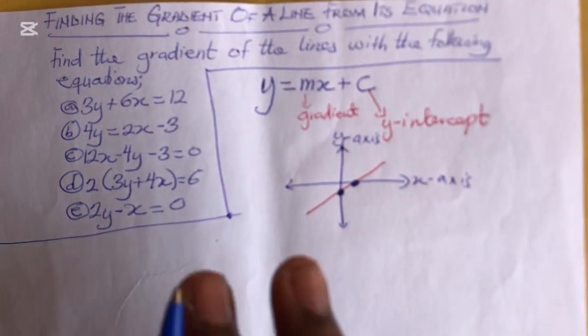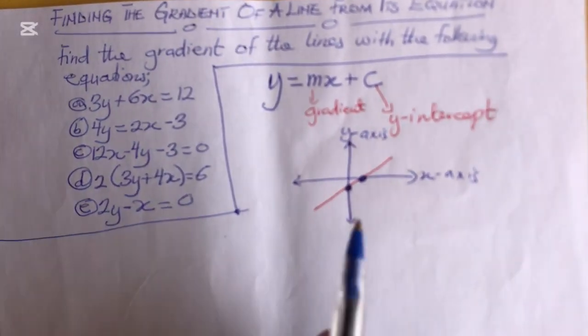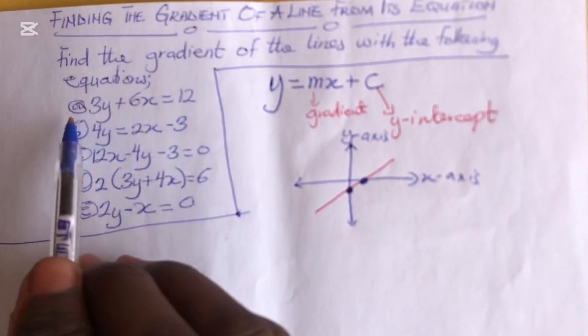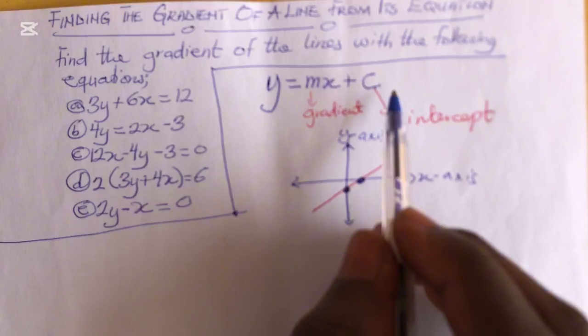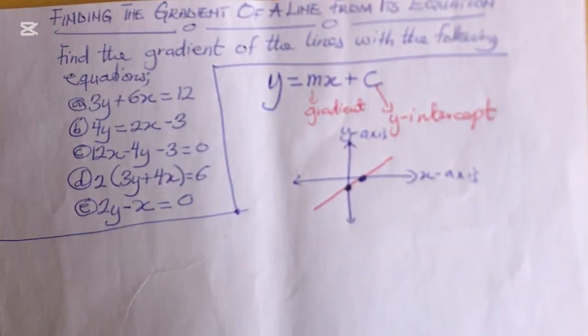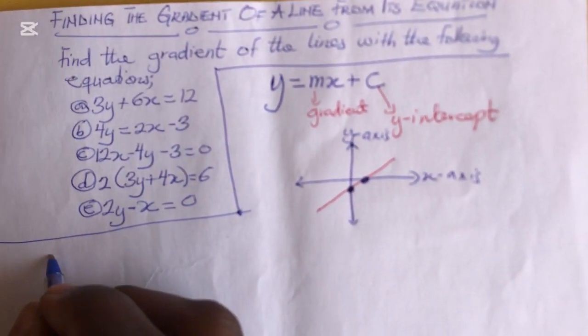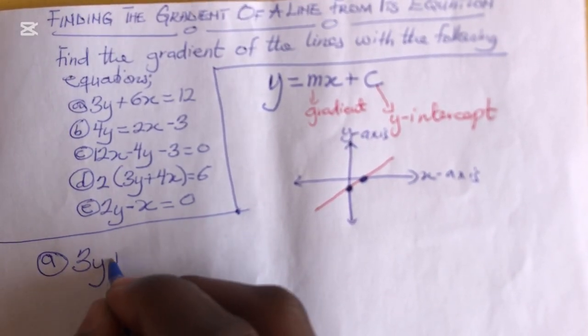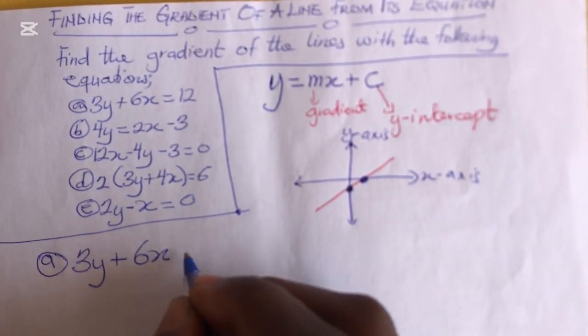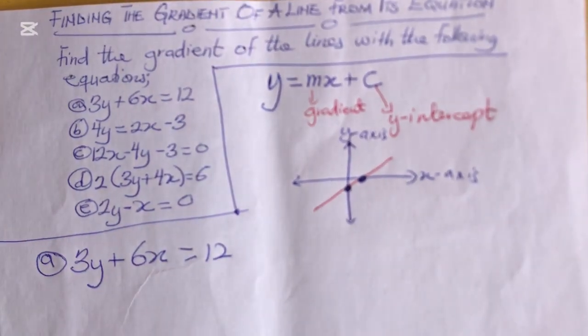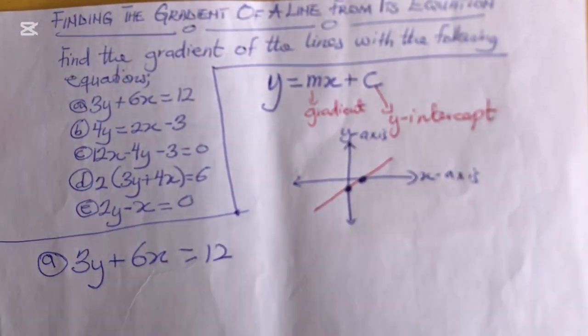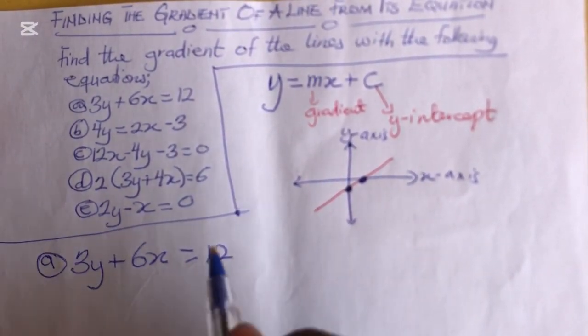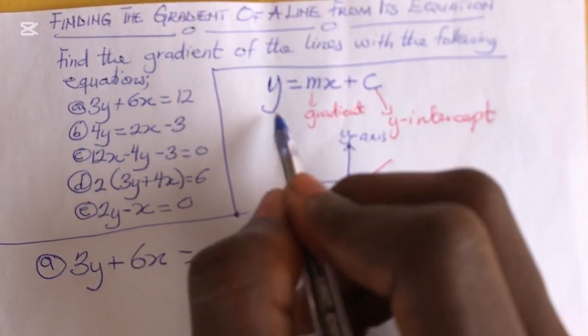So the whole idea here is that we are going to rewrite this thing to look like this. Are you getting it? Let's take the first example. You understand it properly. The first example, A, we were given 3y plus 6x is equal to 12. Is that not it? So we are going to rewrite this for it to look like this.